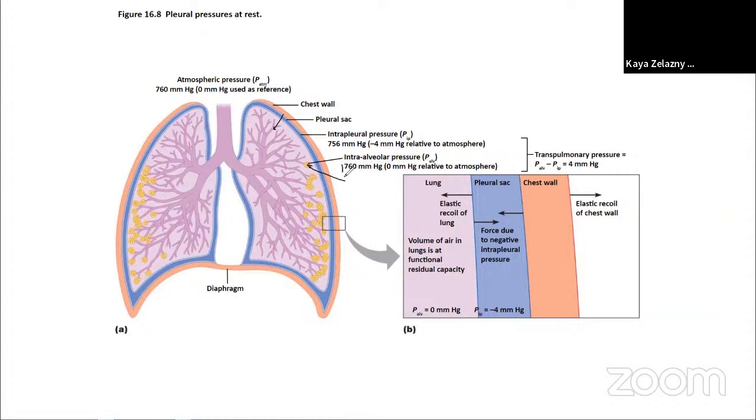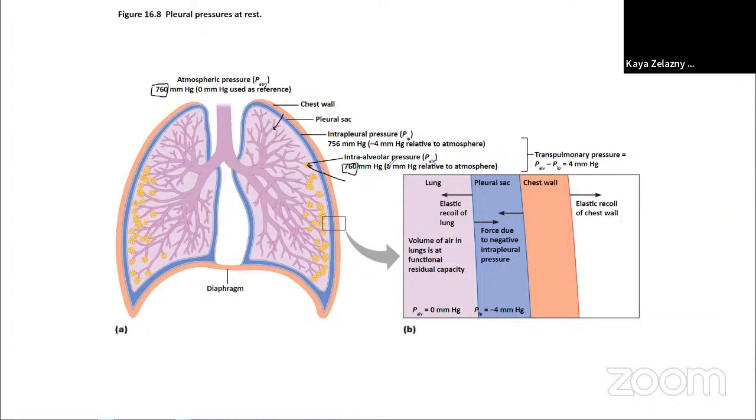So if it was at 760, that would be the same as the environment, which at sea level is 760. So we would consider 760 in the atmospheric pressure and in the intraalveolar pressure to be their absolute pressures, but easier to make it relative pressures.